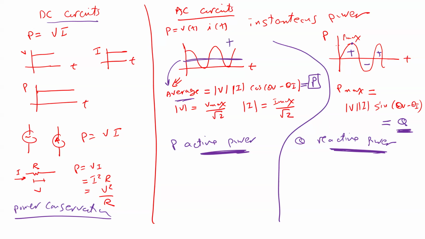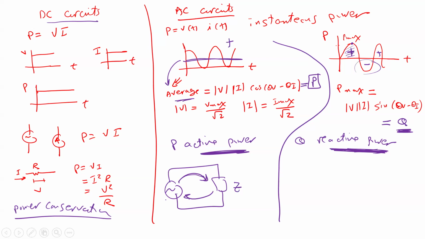The difference between these two kinds of power is that the active power is positive all the time. If you have a source and an impedance, positive power means you transfer power from the source to the impedance. But for the reactive power, in the positive part you transfer power from the source to the load, and in the negative part you transfer power from the load to the source.